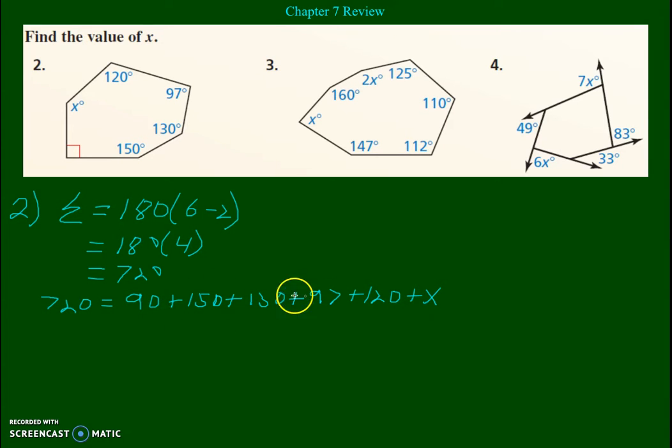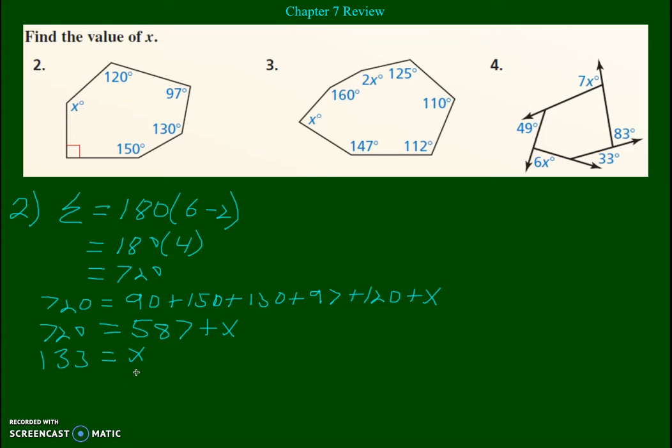So all these added up together gives us 587 plus x, and of course that's equal to 720. Subtract the 587 is 133. And that's our x value.